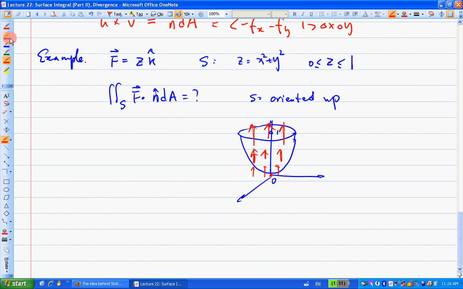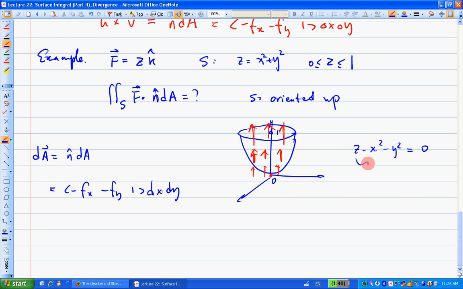Okay, so first, n hat dA. According to my formula, it's negative fx, negative fy, 1 dx dy. For our surface, z equals this. So basically what we have is z minus x squared minus y squared equal to 0.